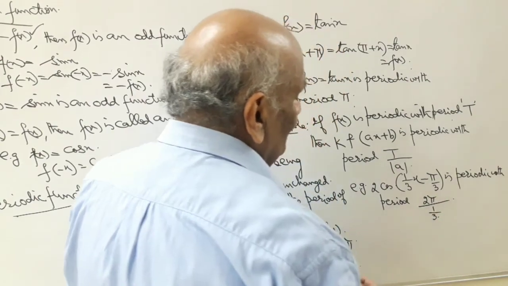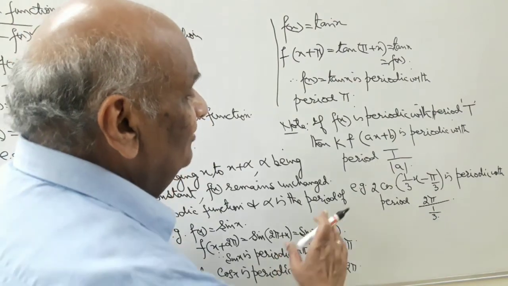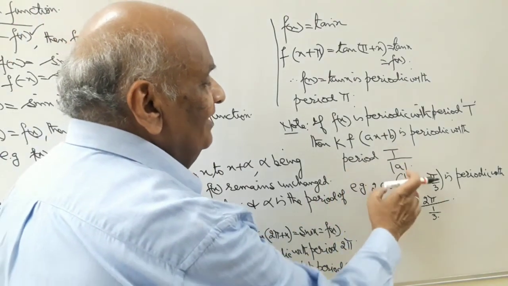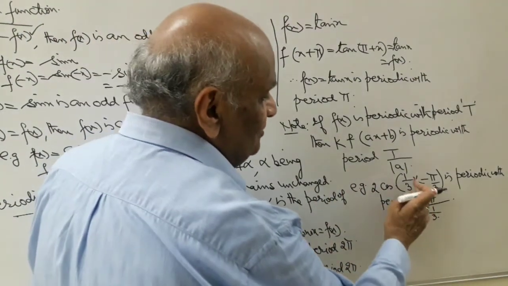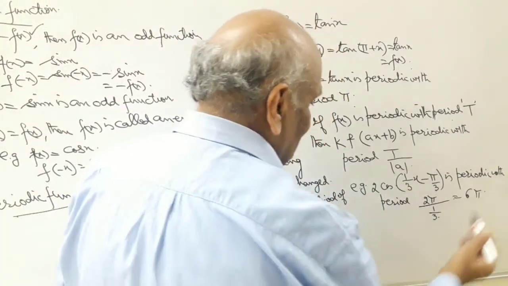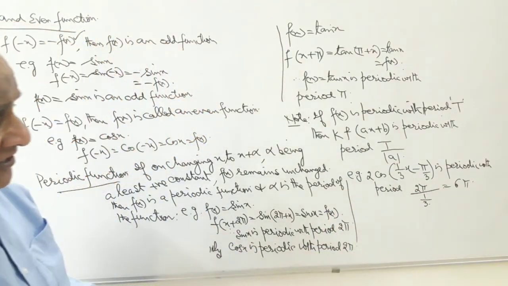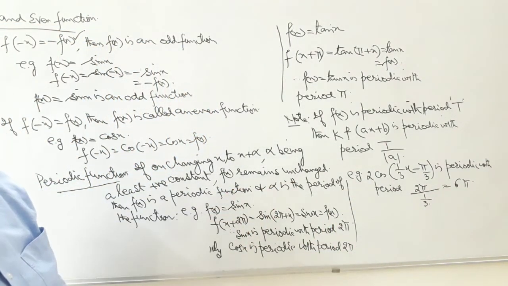Why is it so? Because the period of cos is 2 pi, and therefore the formula says T upon modulus a. Modulus a is the coefficient of x, so it becomes equal to 6 pi. Check out the period of these functions. So please try to remember how to find out the period in such cases.